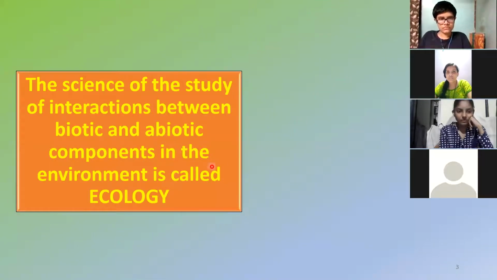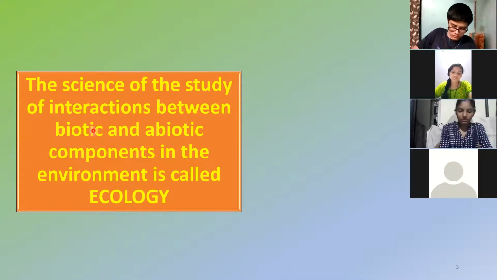See, environment has two main types of components, both biotic and abiotic components. Biotic simply means the living components, like the animals, birds, insects, and all. Abiotic means non-living components. In that one picture, you saw that there were interactions between both of them.